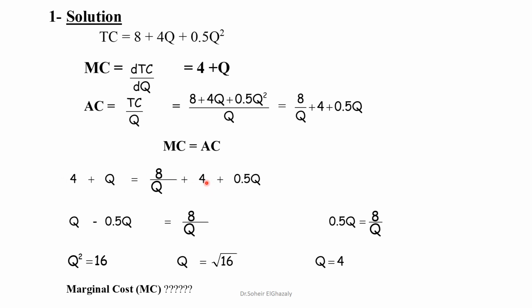When you move 4, it will be negative 4. Negative 4 plus 4 equals 0. This will be negative 0.5Q, plus 1Q, so 0.5Q, which equals 8 over Q. Negative half plus 1 is 1Q, so negative 0.5, negative half, or Q equals what?